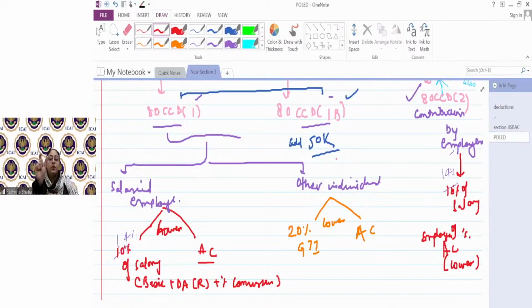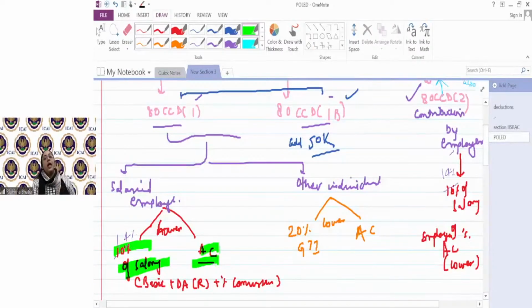Now coming to the self-contribution as an employee, suppose I'm an employee. First, I will do the limits of 80CCD(1), which is comparing 10% of salary and actual contribution, and 80CCD(1B). So technically, whatever is my actual contribution, first take the full 50,000 in 1B, then the remaining actual contribution I will compare with 10% of salary.